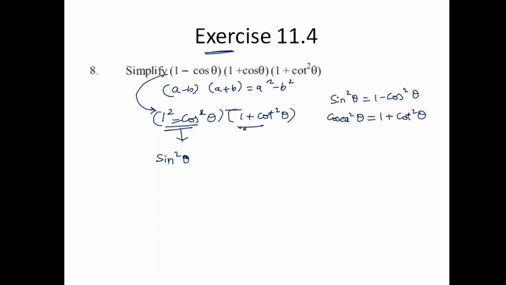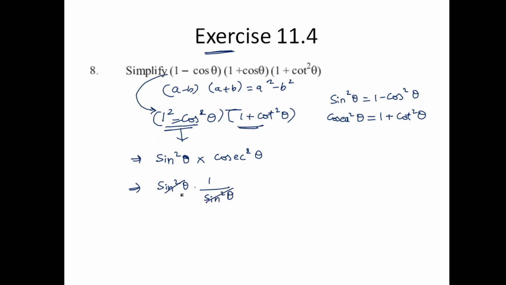So over here I can directly write this one as your cosecant square theta. Okay, so in the next step what we will be doing here is this is your sine square theta into cosec square theta, which can be written as 1 by sine square theta, right?